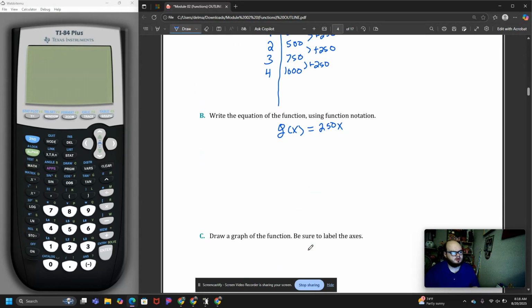Maybe we want to see how many square feet I can cover with 3 gallons. So 250 times 3, what does that get me? 250, 500, 750. So g of 3 gallons of paint is equal to 750 square feet covered. Does that match what we had in our table? Yes. So our function's good.